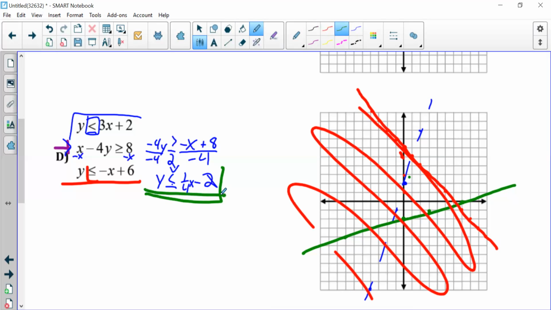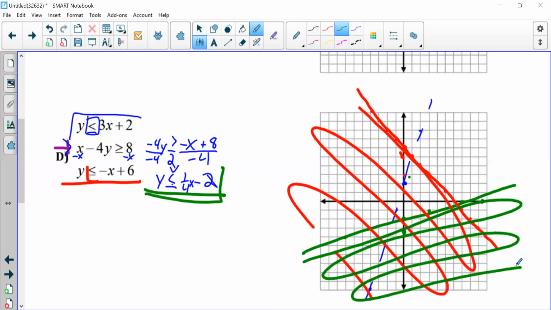Green line is less than or equal to. So where are the y's that are less than negative 2? Well, they're down here. All right, next, blue line. And we want less than this line. So where are the y's that are less than 2? Well, they're down here on this side, right?